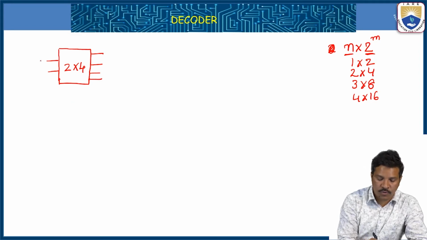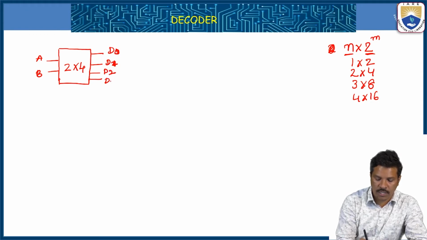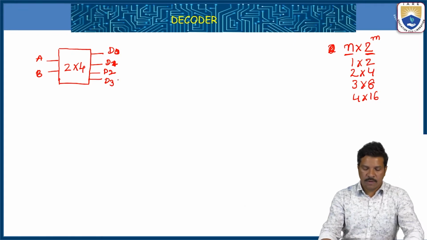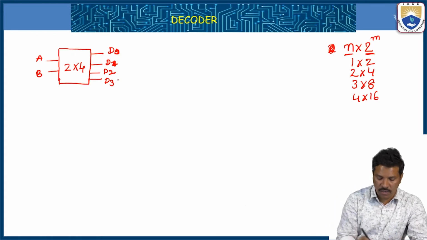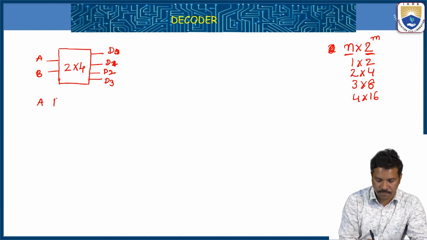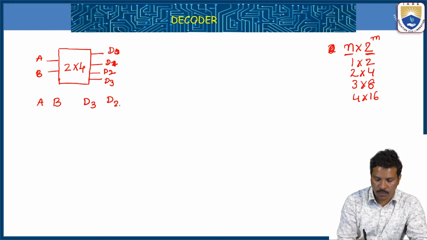So these two inputs, for example A and B, are the inputs, and D0, D1, D2, D3 are the outputs. Look at the truth table for this decoder with inputs A, B and outputs D3, D2, D1, D0.